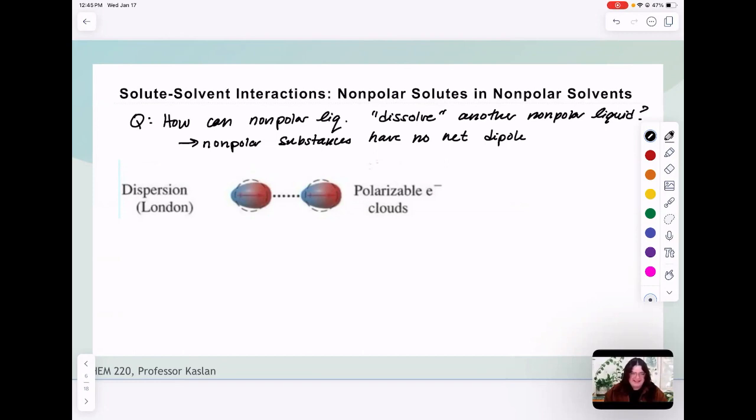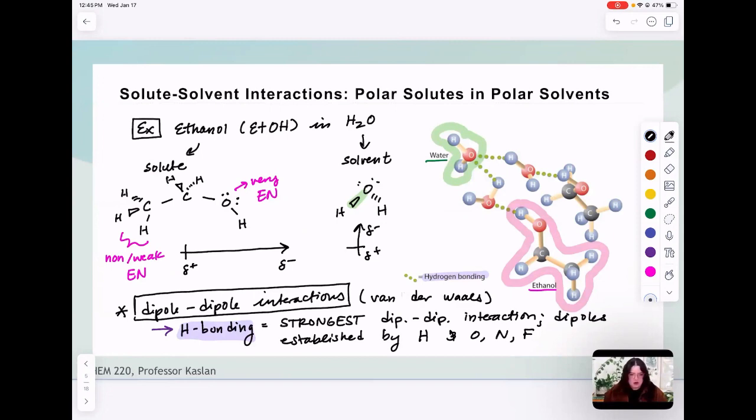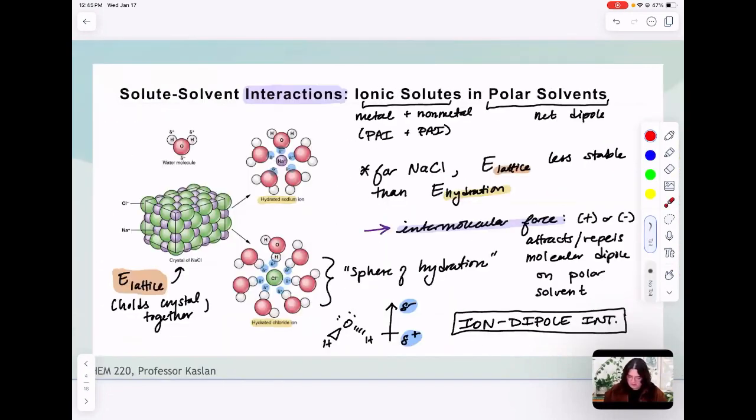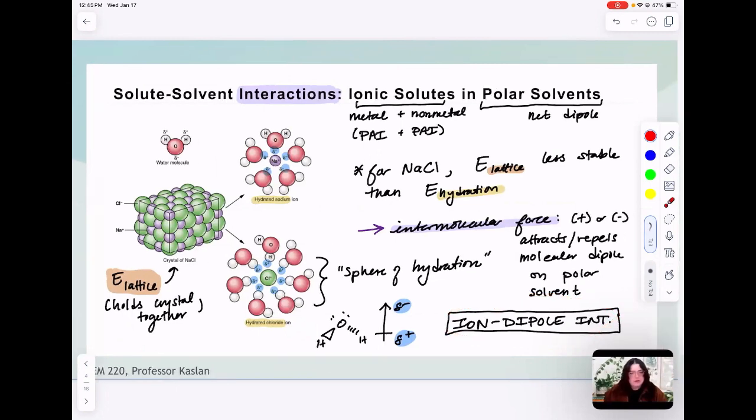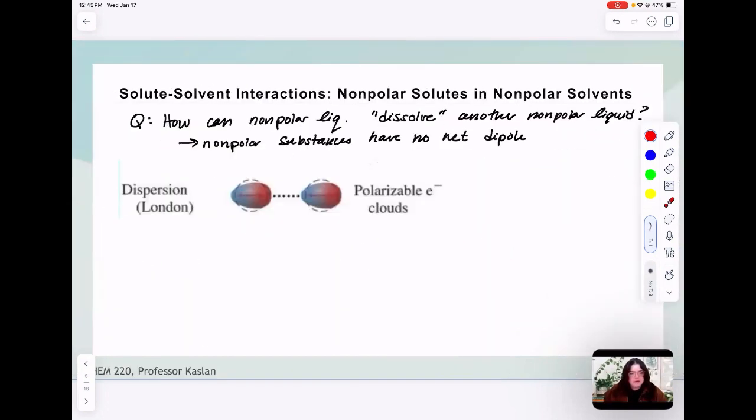So again, how is it that we can get some kind of charge interaction like we did in our other types of solutions for things that inherently have no charge? This is where what we call dispersion forces come into play.